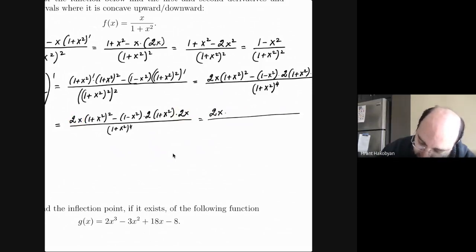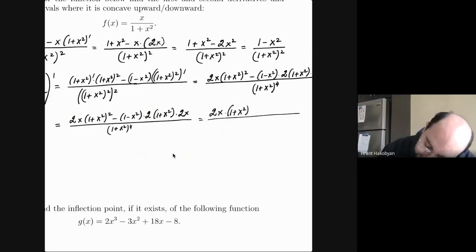And then, what else is common? Here I have 1 plus x squared, and then I have two of those here because of this power 2. So I have 1 plus x squared in both of them, so I can factor that out. So I'm going to get 1 plus x squared.